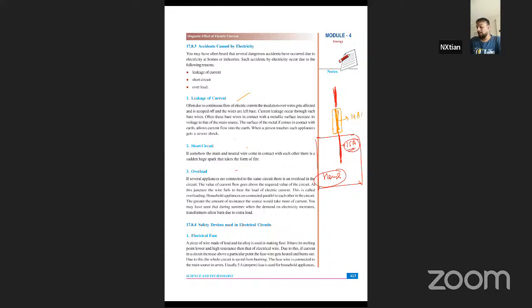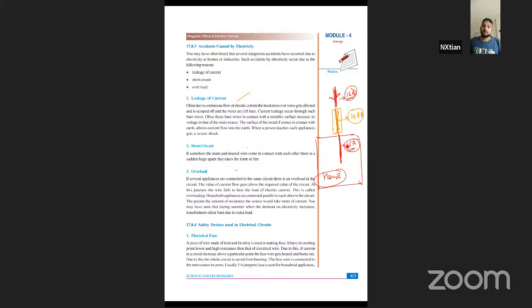Understand it like this. Sometimes you might have voltage up or voltage down. Because of that, sometimes current comes like 16 ampere. If the fuse is not there, we can handle only 15 ampere, and now 16 ampere current is coming.